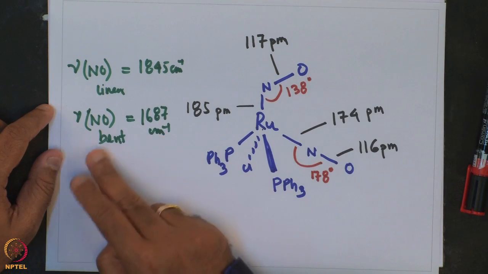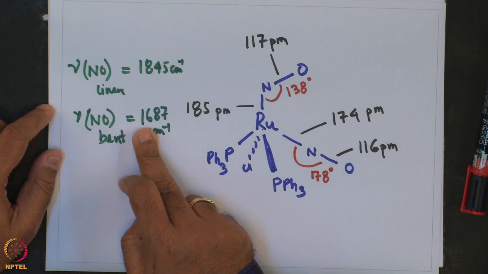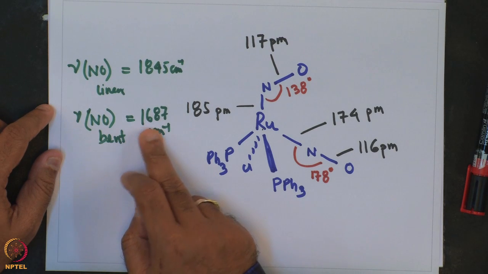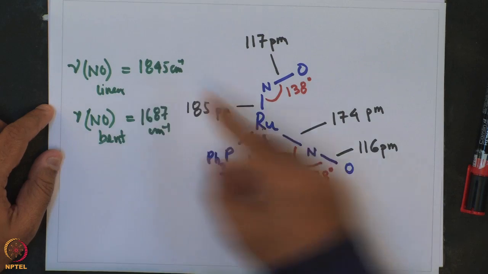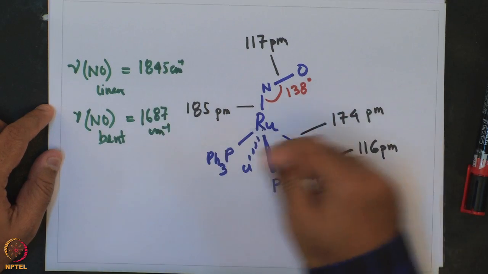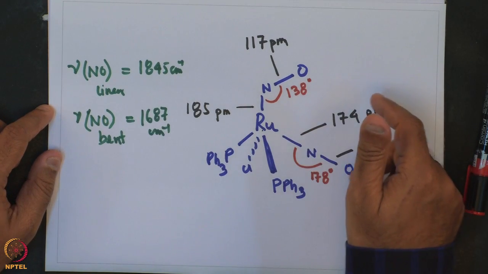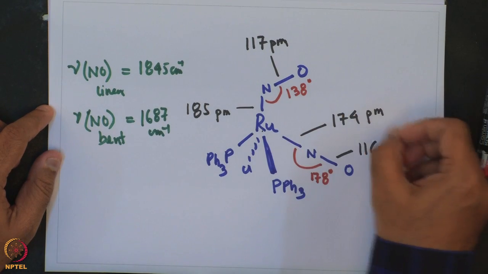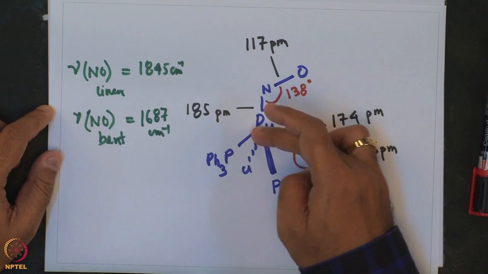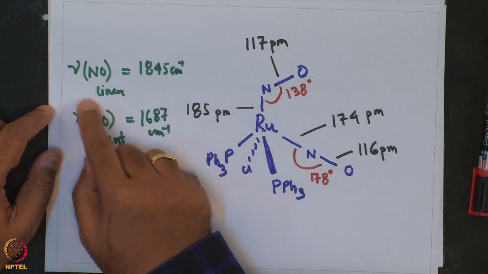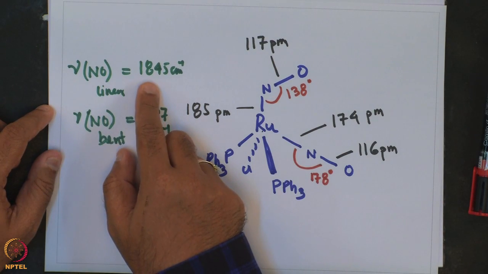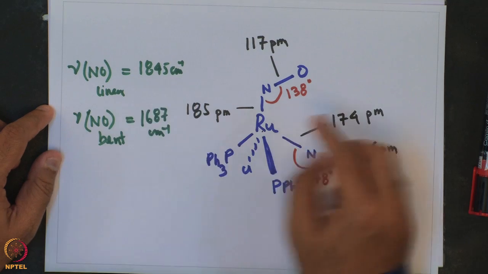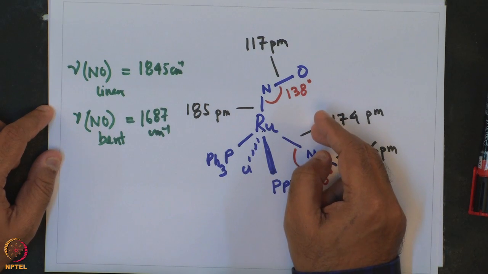So, a lower energy is required for the stretching of this bond, which is 1687, whereas the linear NO is a stronger of the two NO interactions and involves 3 electrons. It has a much shorter ruthenium nitrogen bond distance, and as a result it has a higher 1845 centimeter inverse as the stretching frequency.